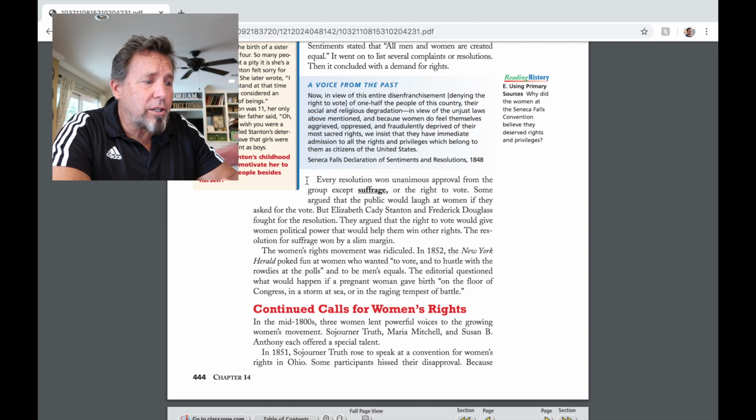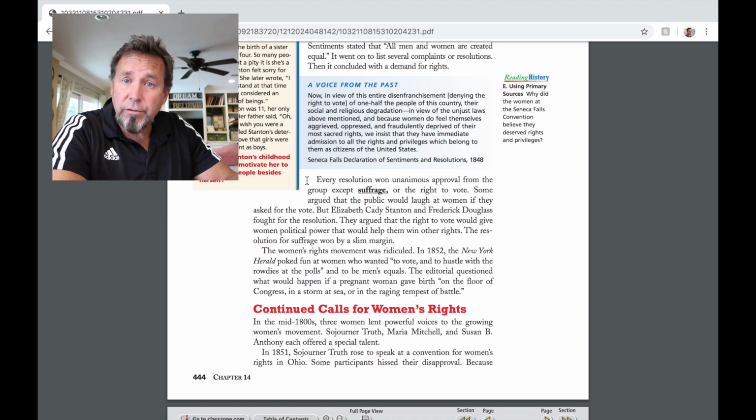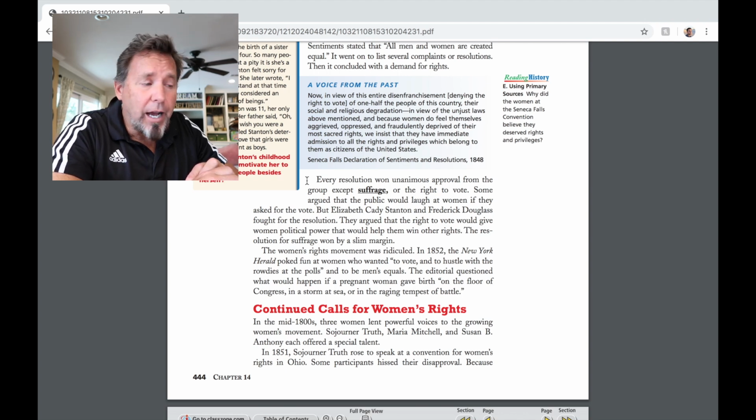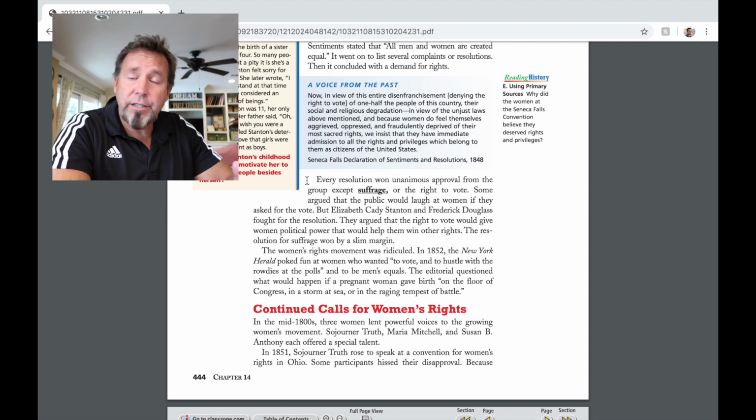In this section of reading, one of the interesting things it brings up is that the right to vote didn't get unanimous approval. There were some women at the time that either believed women shouldn't be voting, or that were worried that arguing for the right to vote would make what they want for other things more difficult. But eventually, the right to suffrage, and suffrage is spelled S-U-F-F-R-A-G-E, not S-U-F-F-E-R.